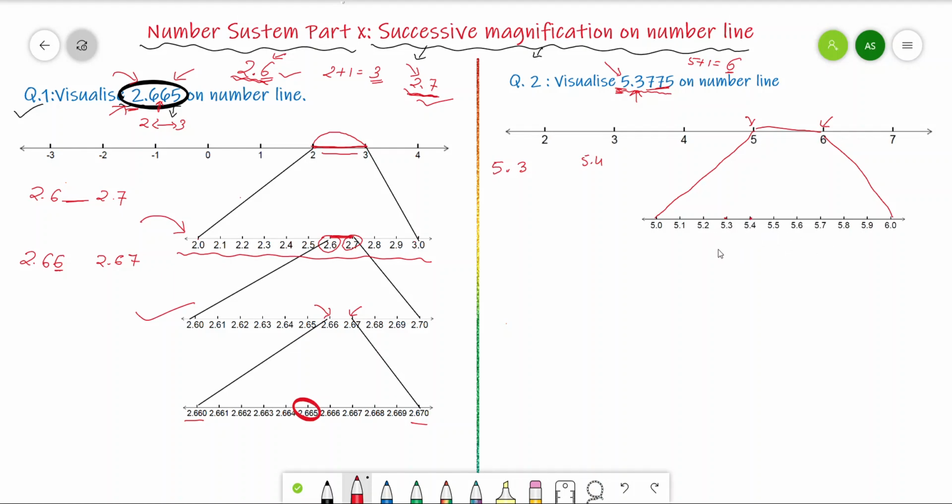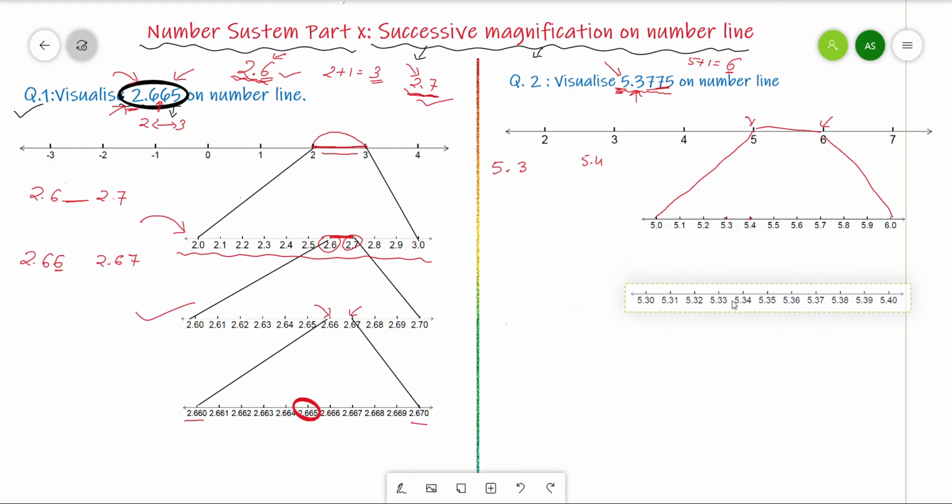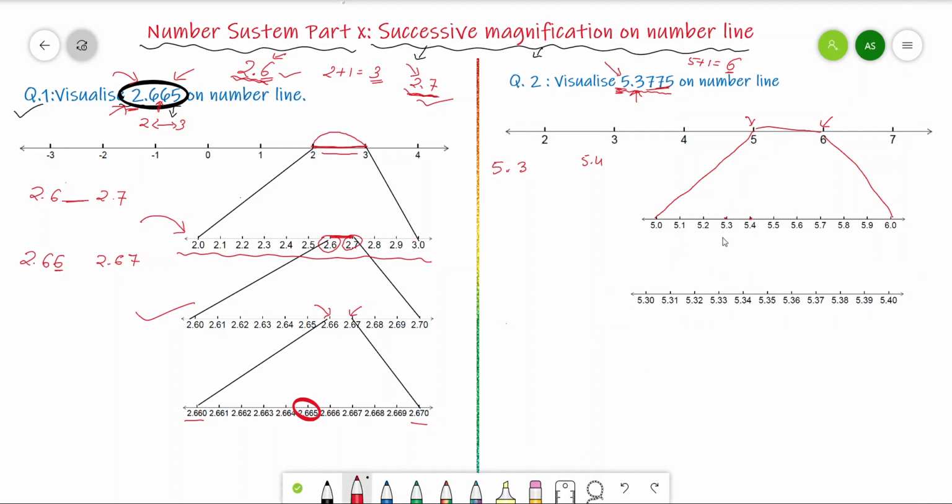So now we will enlarge this region. So here it is. We will see that now 5.3 and 5.4 has been enlarged.